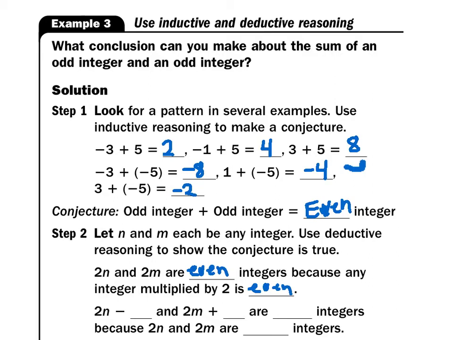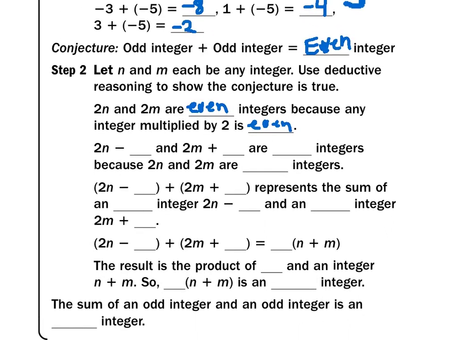So now let's go back to the facts that we know to prove it. 2n minus 1 and 2m plus 1 are both odd integers because 2n and 2m are even. Okay. So anytime that I multiply any number by 2 and then either take one away or add one to it, we're going to get odds.